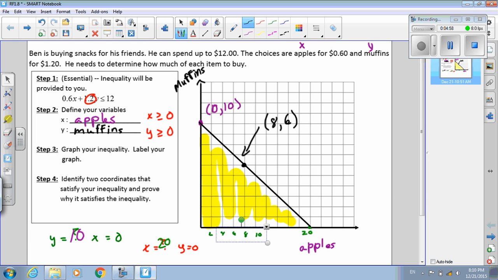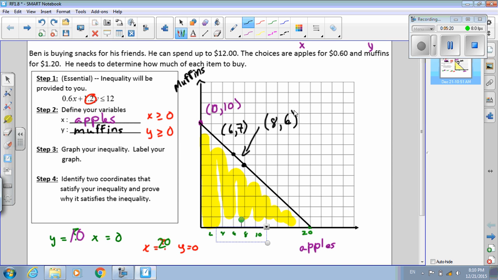And let's go for an even more even split. Let's maybe go over this way here and see what would generate. This would be 6 apples and let's see, 7 muffins.